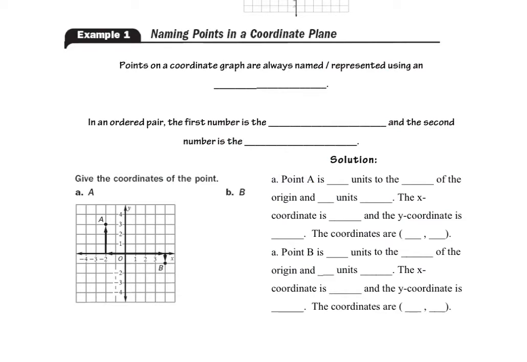All right, so points on a coordinate graph are always named or represented using an ordered pair. And in an ordered pair, the first number is what we call the x-coordinate.